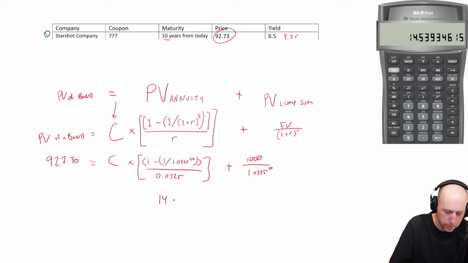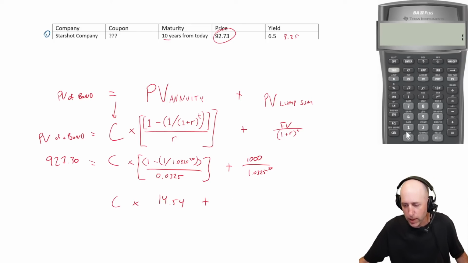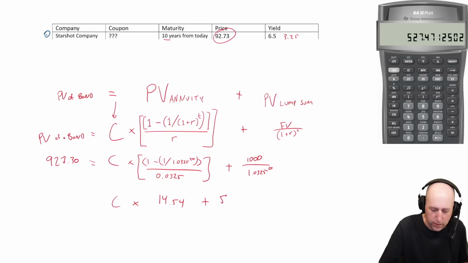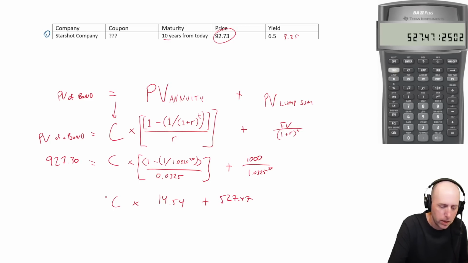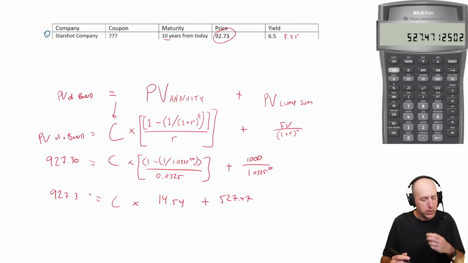Okay, so C times 14.54 plus 1,000 divided by 1.0325 to the power of 20, which is 1 over x times 1,000, equals 527.47, equals 927.3. So 927.3 equals C times 14.54.